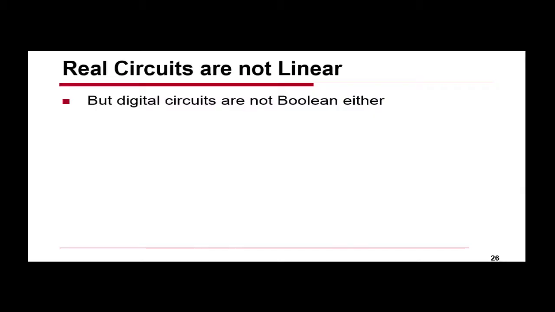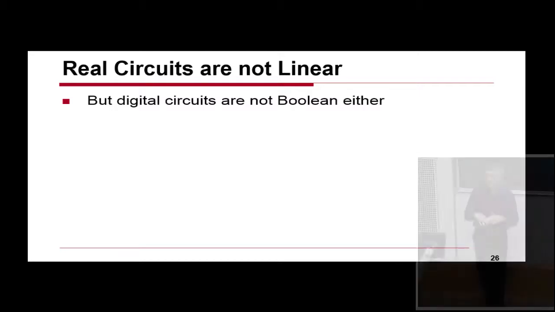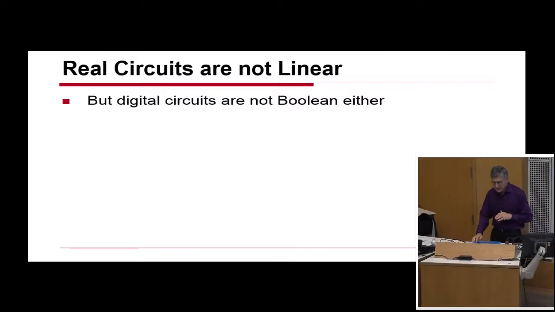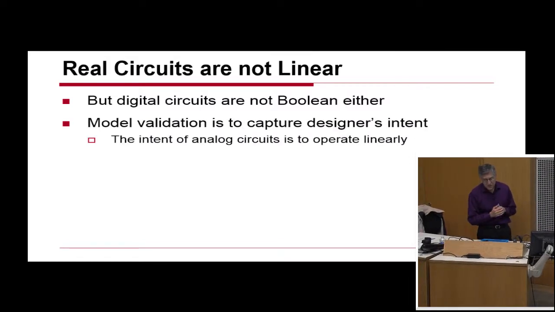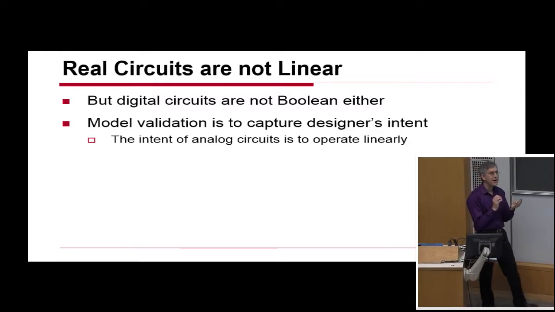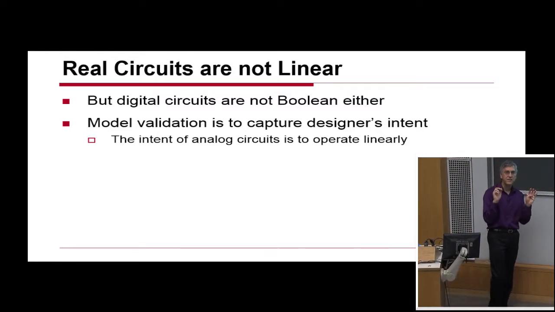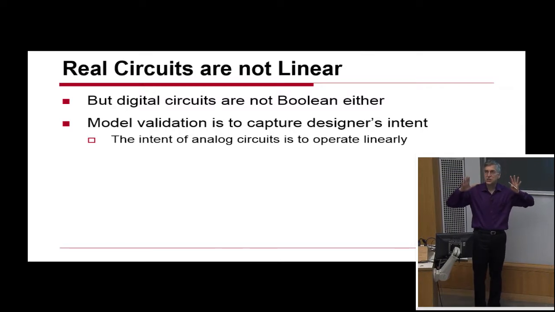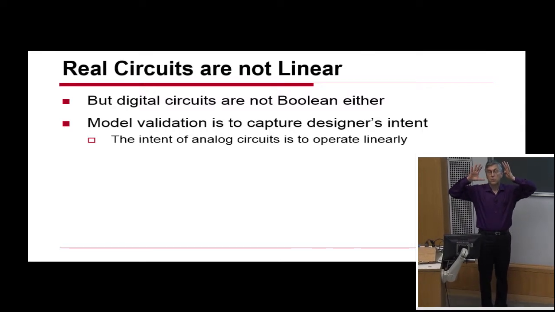Now, look, I know real circuits are not linear, and I'm not saying you're not going to run SPICE simulations on your individual circuits to make sure they work. But what I am saying is digital circuits are not Boolean either. And the whole point of creating a model is to validate the designer's intent. We want to ensure that what we're building, or what we built, matches the specs.